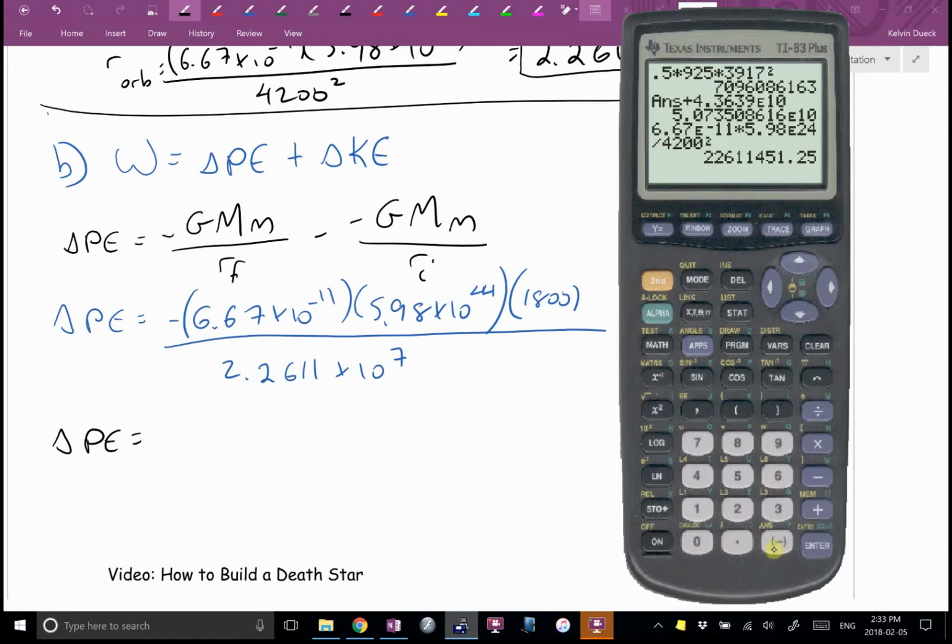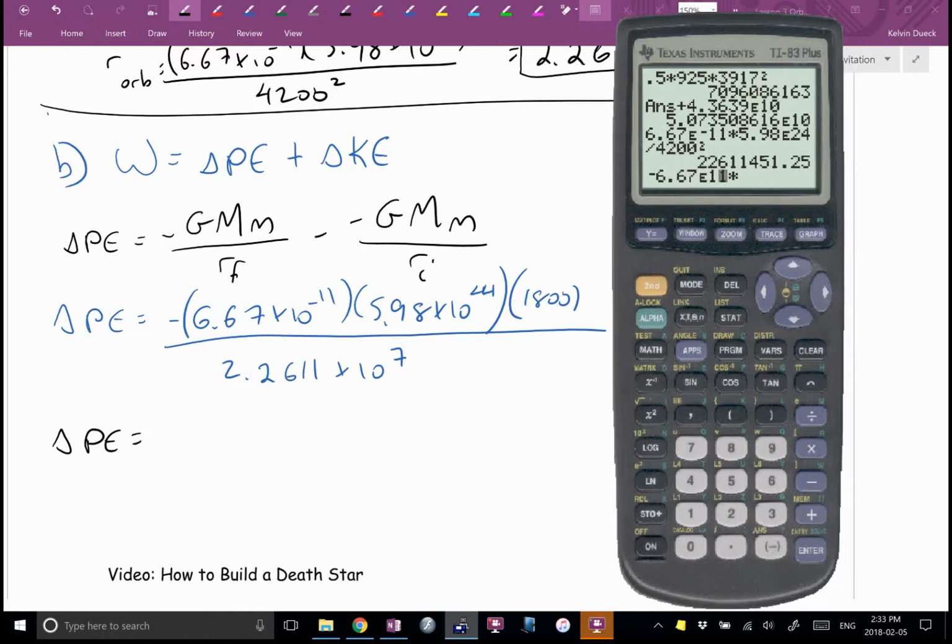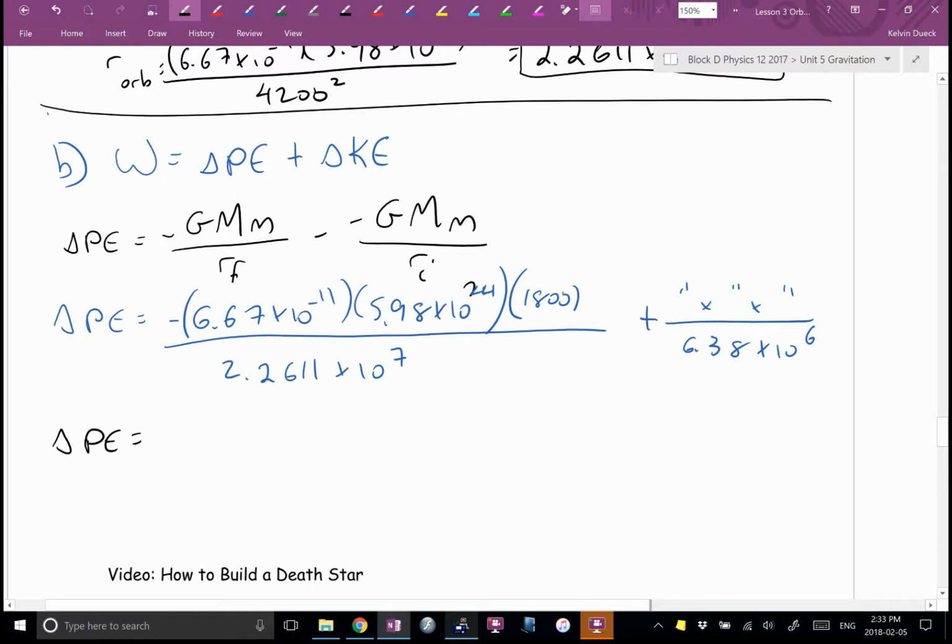I'm going to get negative 6.67 scientific notation button, negative 11, times 5.98 scientific notation button. Ooh, I also missed a negative. That would have been a dumb move. 5.98 times 10 to the 24th. That's a 24, Mr. Dewick, not a 44.